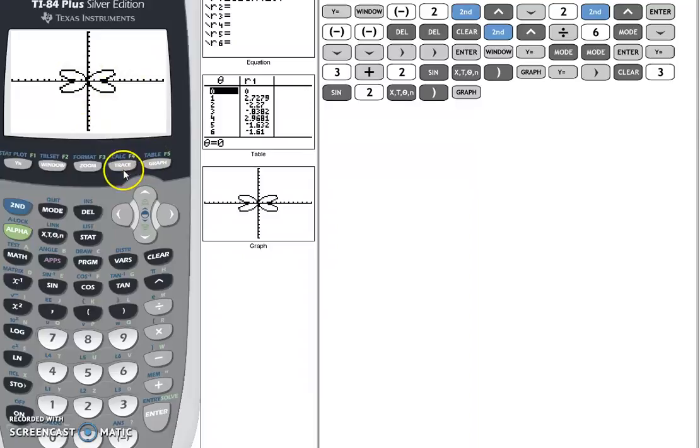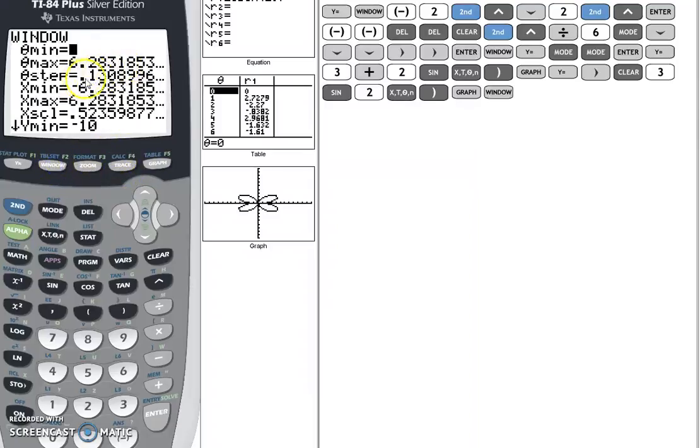And if I use a smaller step, so if I go to my window, you can see my step is 0.13. If I would change that to like 0.02 or something, it'd take a while to graph, but you'd see a pretty cool graph and it would look pretty nice. So you can play around with this. I love doing that. You can do some shading, put a couple graphs on there, see how they interact with each other. Go ahead and do that, give that a rip, and enjoy your graphing.